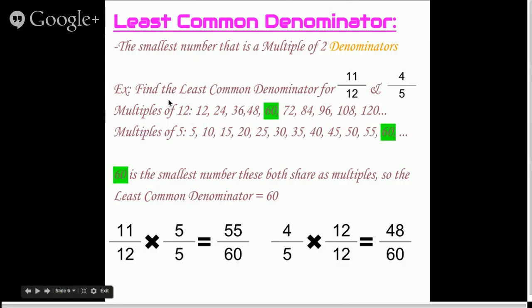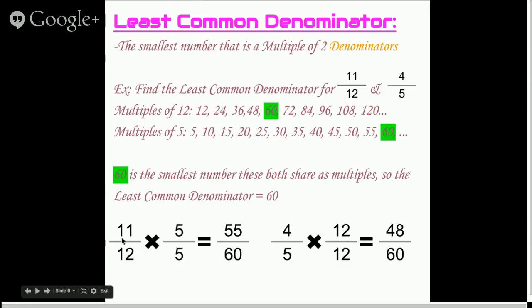The multiples of 12 are 12, 24, 36, 48, 60, and you could keep going. Multiples of 5: 5, 10, 15, 20, 25, 30, 35, 40, 45, 50, 55, 60. So 60 is the smallest number that both of these share as multiples. So the least common denominator is 60.